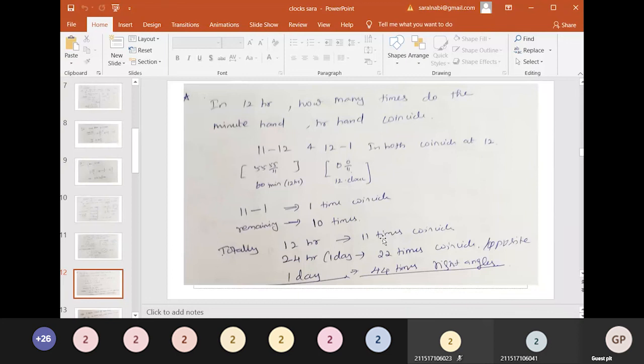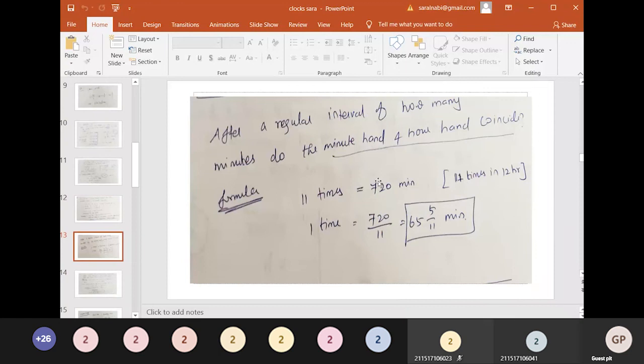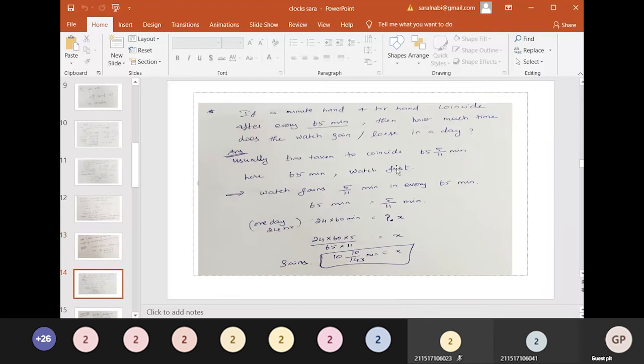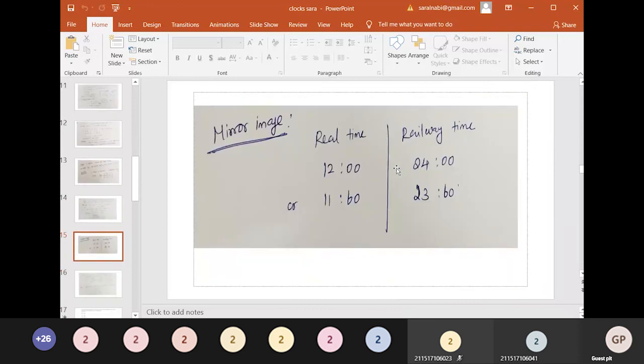And when you ask for a right angle, you know that in 1 hour there are 2 chances, so in one day, double, 44 times right angles are possible. So that's a one-word question they could ask. So this and all, you just go through.